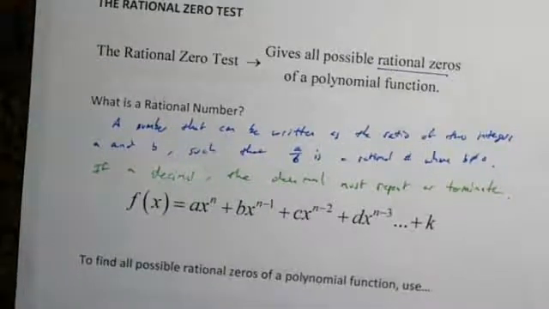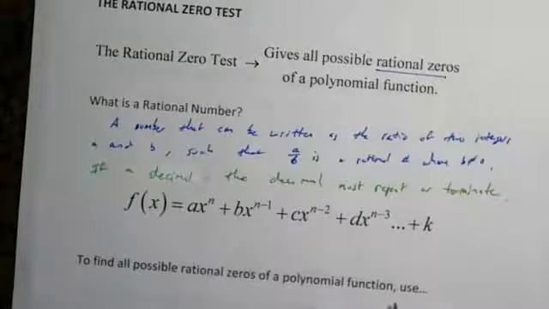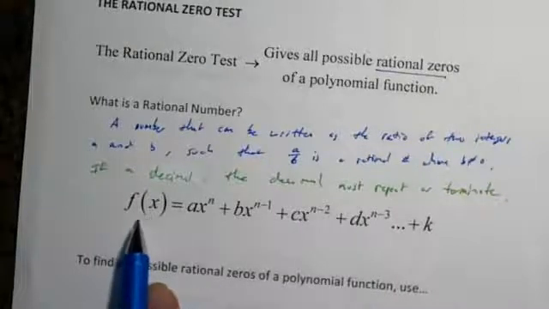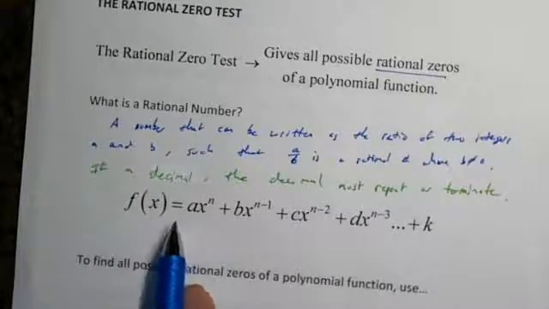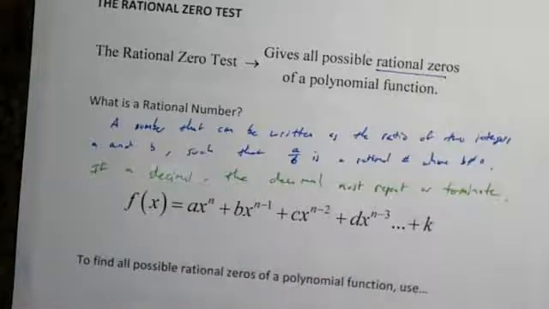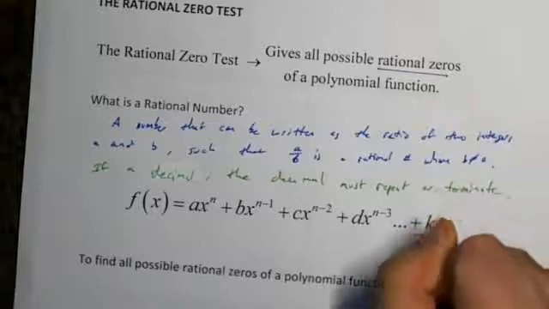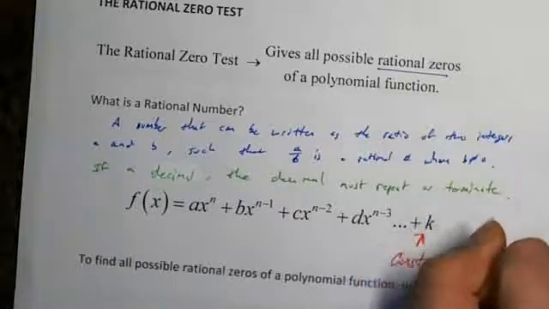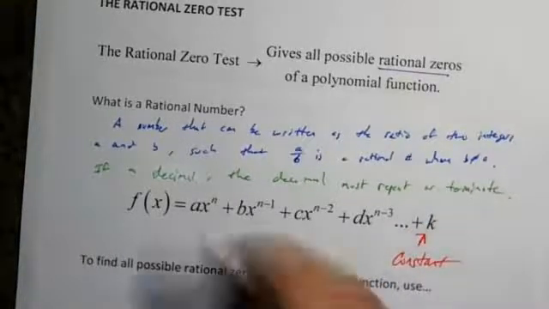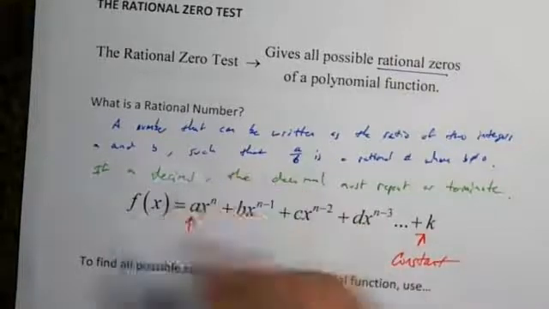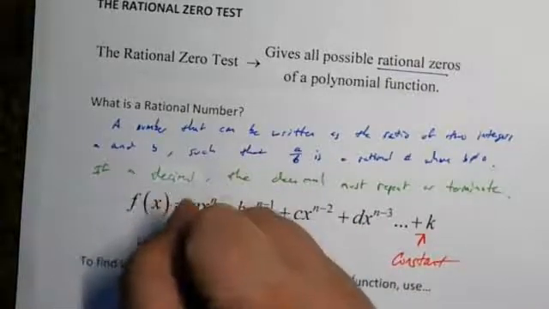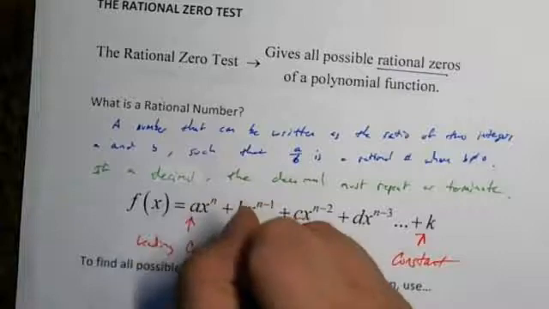Okay, to find all possible rational zeros of the function, here's a polynomial function in general form, and we're concerned with the number at the back here, which is the constant, and we're concerned with a, the leading coefficient.